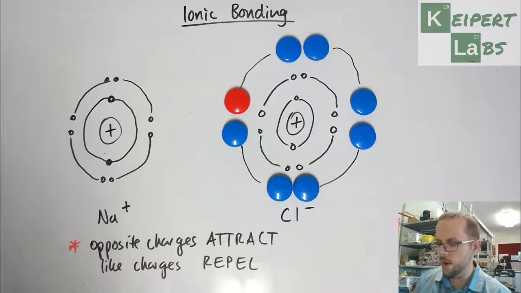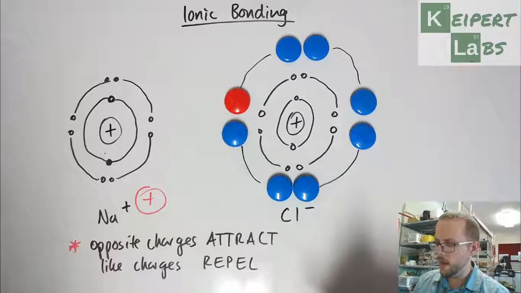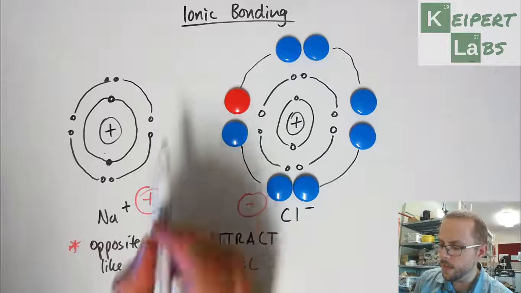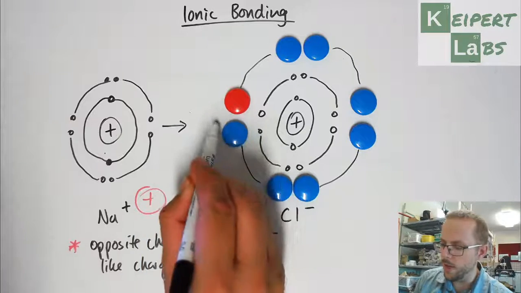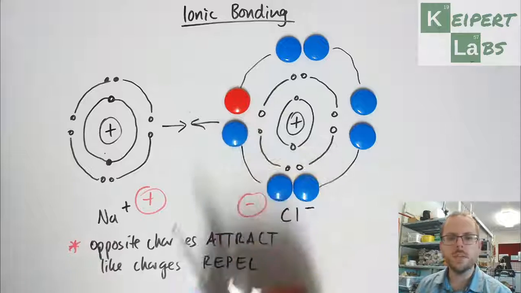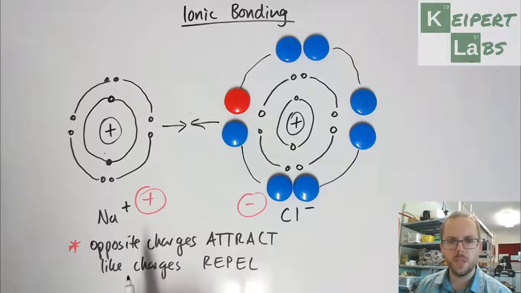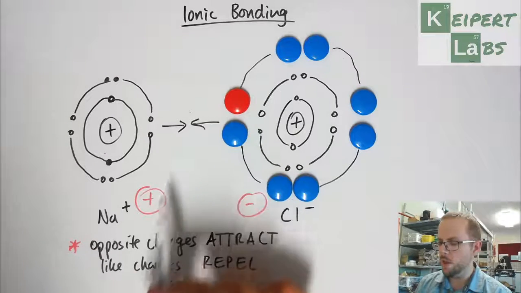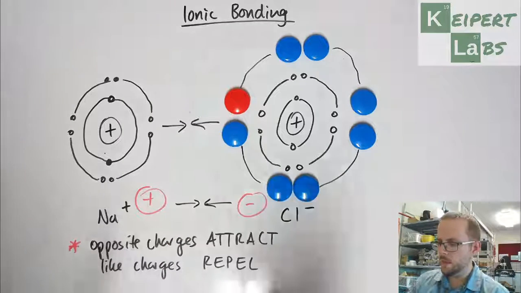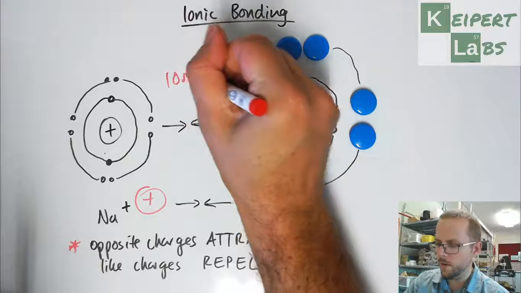Over here we now have a positively charged thing, and over here we have a negatively charged thing. What ends up happening is that these two ions, as a whole, end up pulling towards each other, and so they form what's called an ionic bond. So this is called an ionic bond.